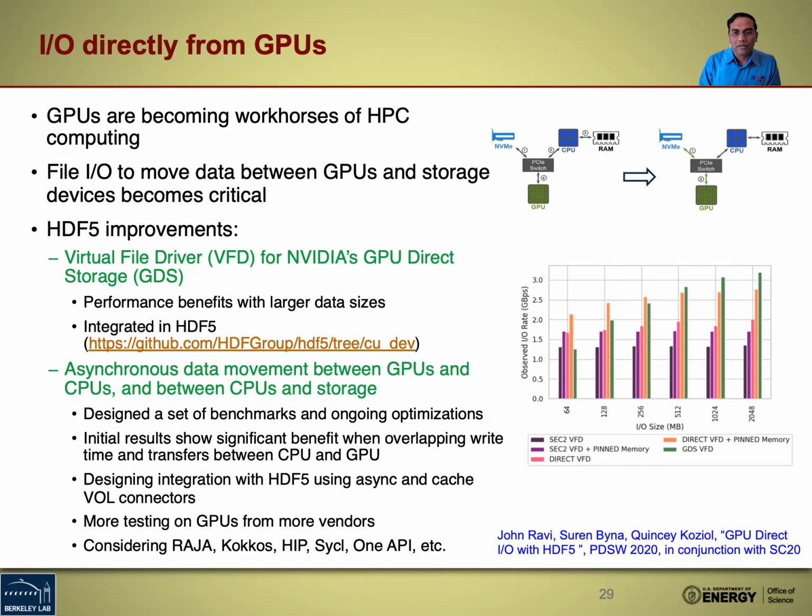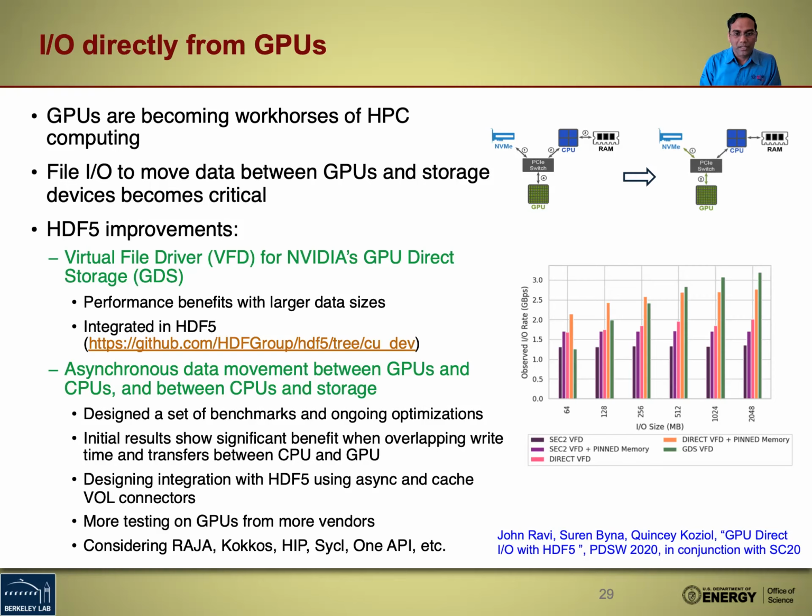But that can be done directly from GPU to NVMe, which is the storage device here. So we developed an approach in HDF5 to wrap this into the HDF5 API. So if you do H5Dwrite or H5Dread, it directly uses this technology.